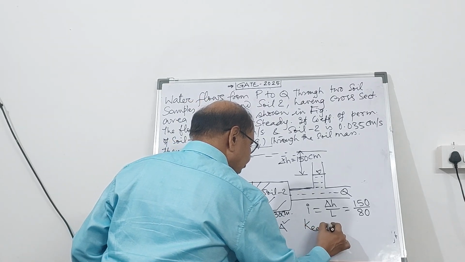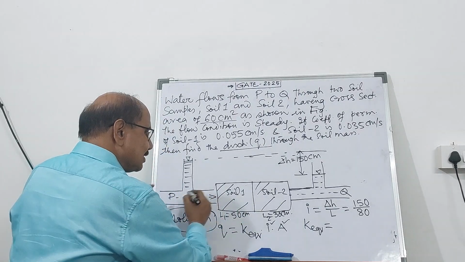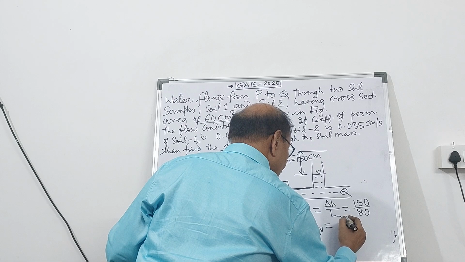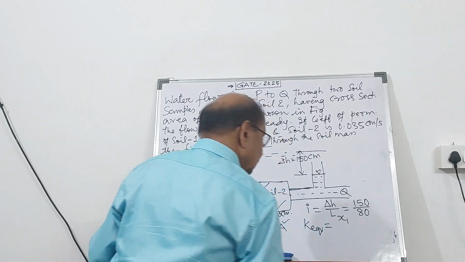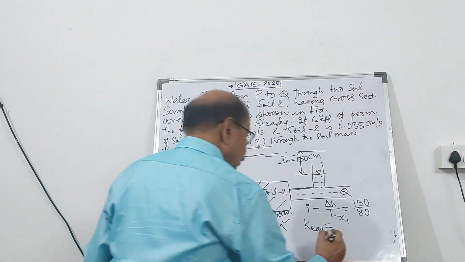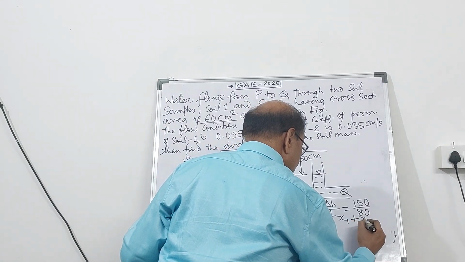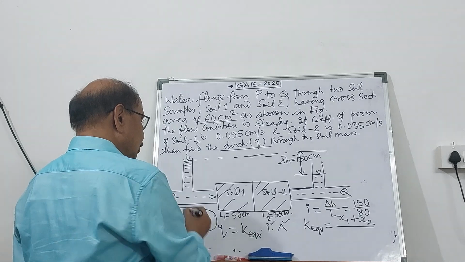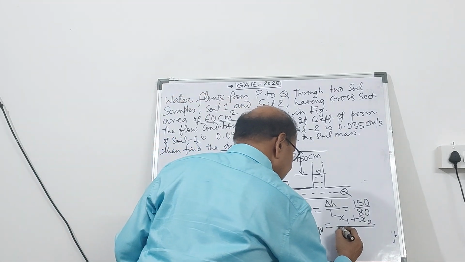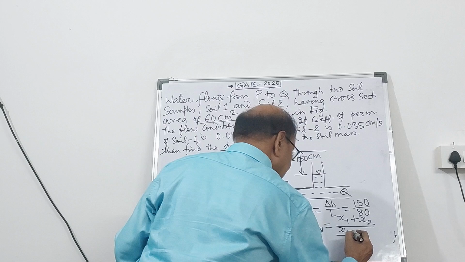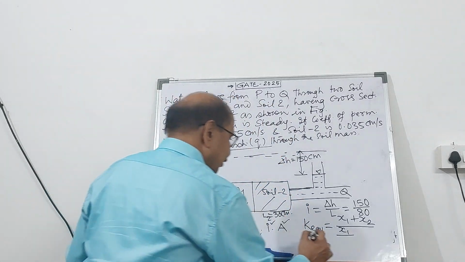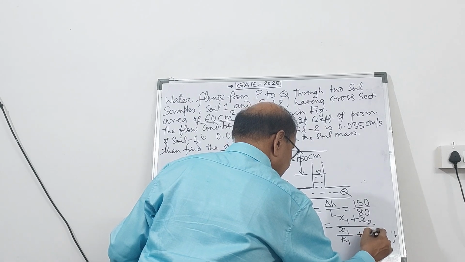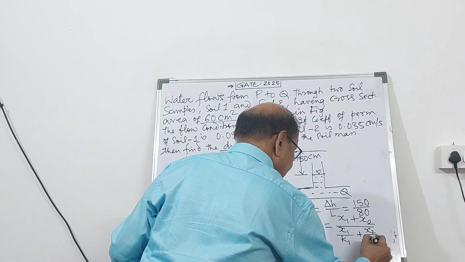The K equivalent, if I consider this direction as X direction, will be X1 plus X2 in this direction divided by X1 divided by K1 plus X2 divided by K2.